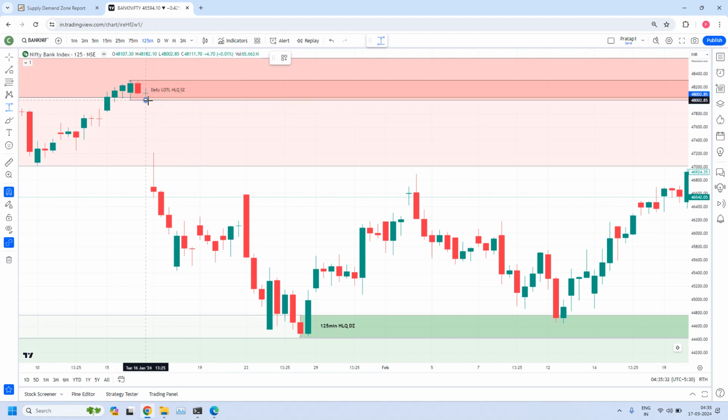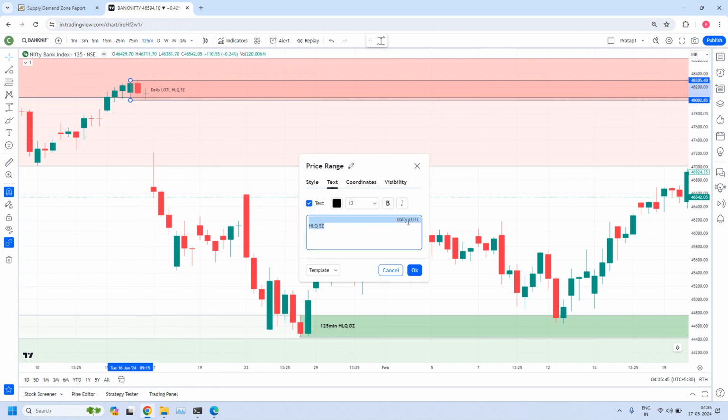So that means this entire daily zone is also the same as a 125 minutes high liquidity zone. So instead of drawing, let me change the text. Comma 125 minutes HLQ supply zone.